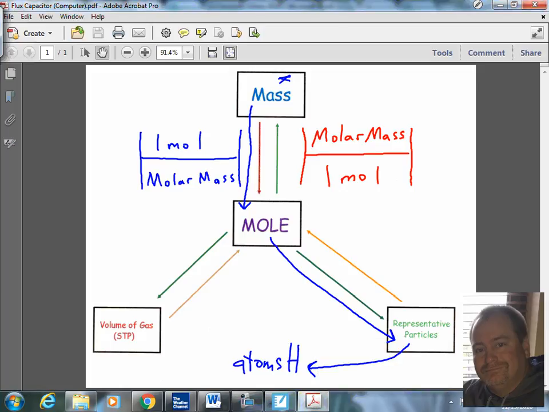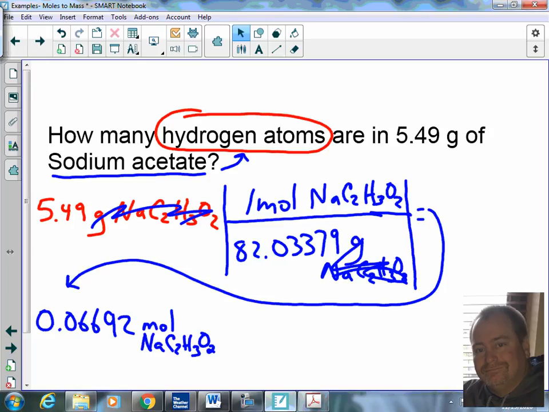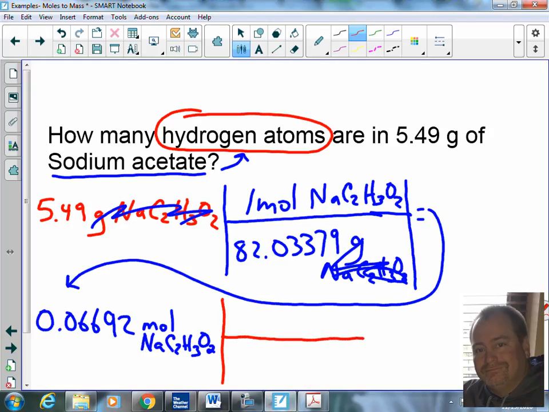All right, let's roll with this here. Let me go back. Now, I need to convert this into formula units of sodium acetate. So I'm going to set up my conversion box again.